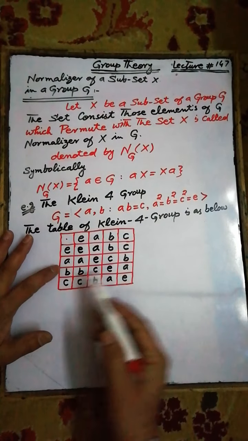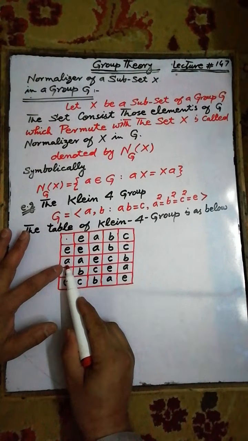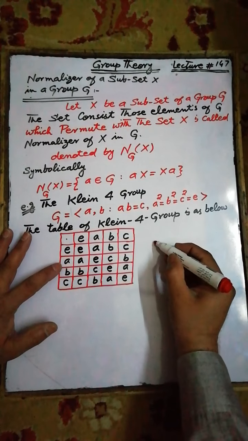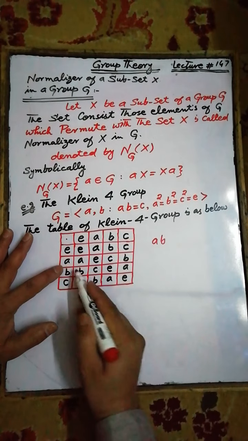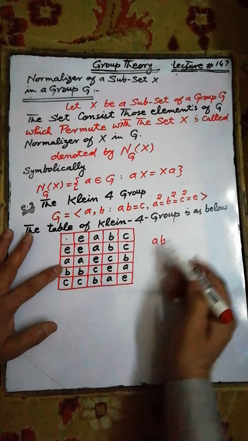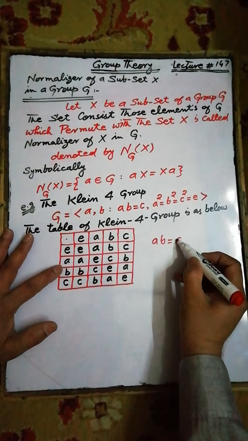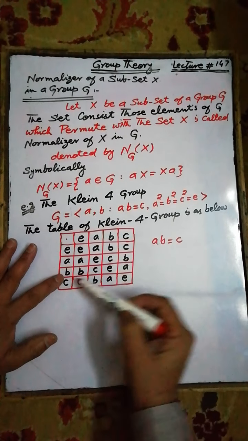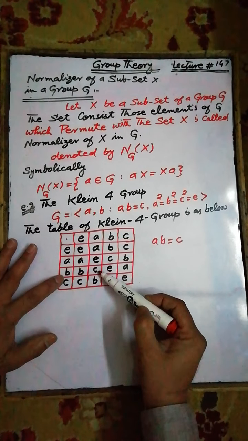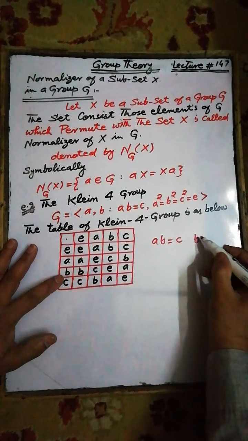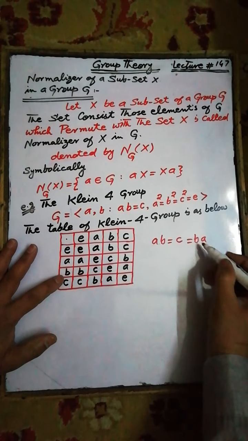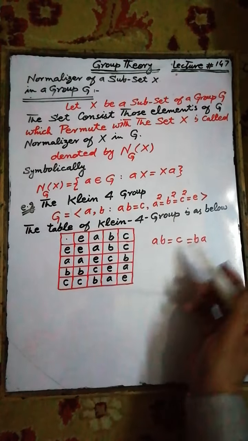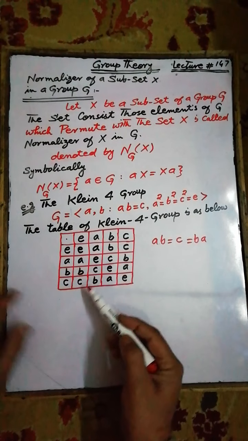Now, from the observation, when we operate the element A to the element B, the result is equal to an element C. Also when we operate the element B to the element A, the result is again an element C. Therefore the commutative property is satisfied.